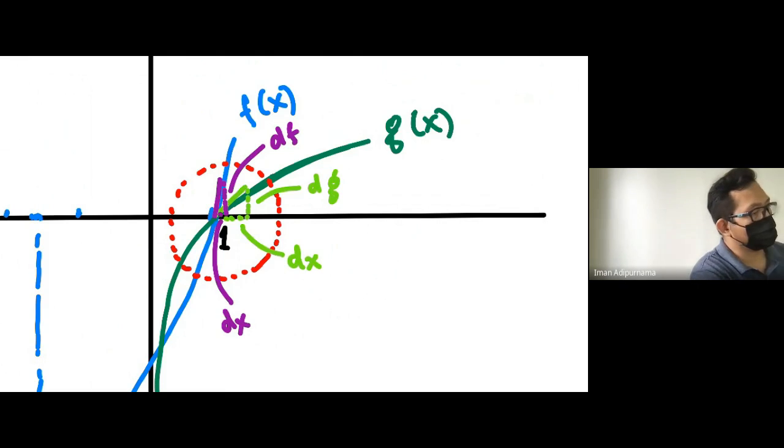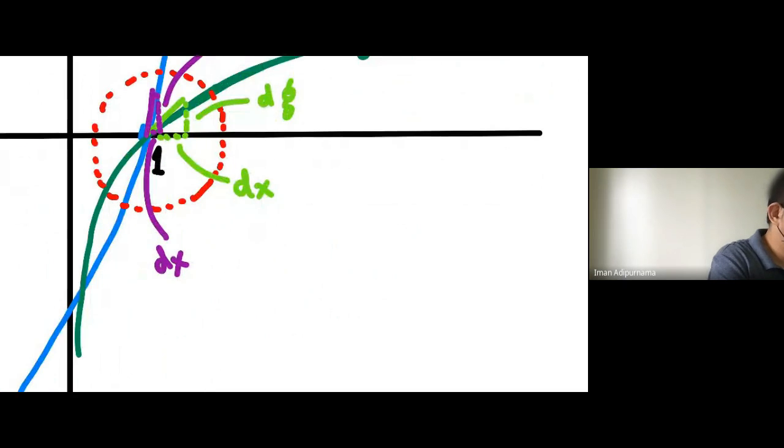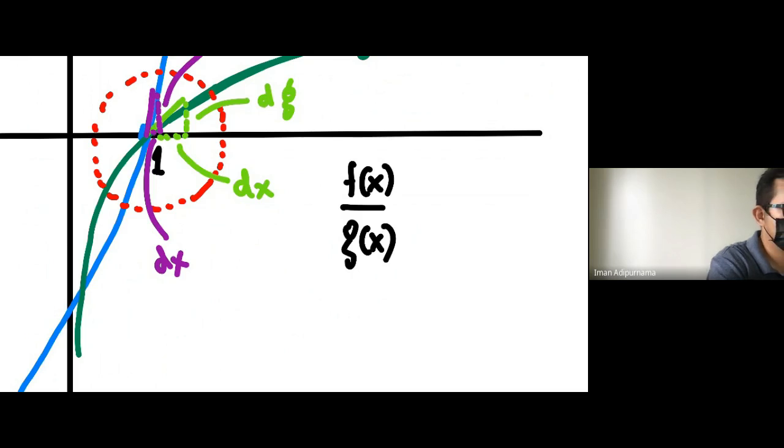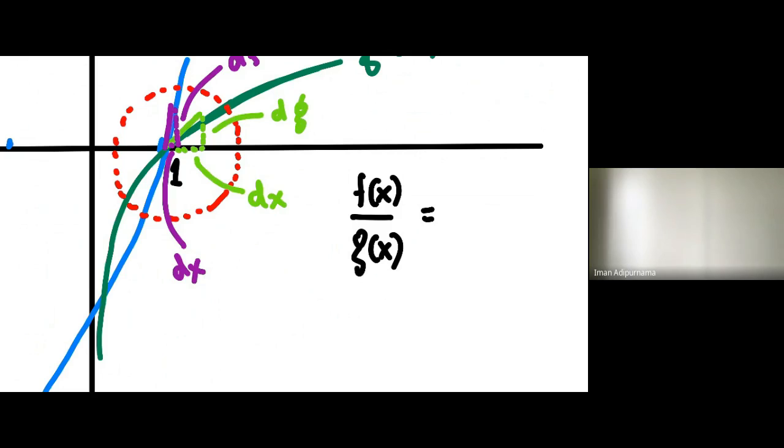Now if you see the proportion of dg over dx, that will be the slope. The proportion of df over dx will also be the slope. And if we look at the ratio, if we take the ratio of f(x) divided by g(x), when we zoom in, it will be similar to the slope.